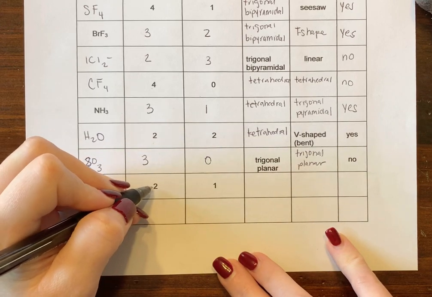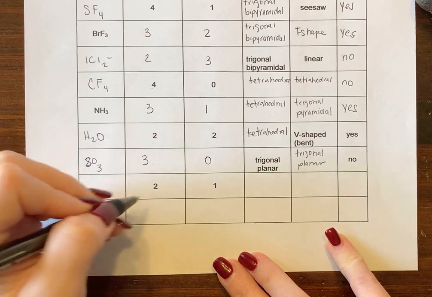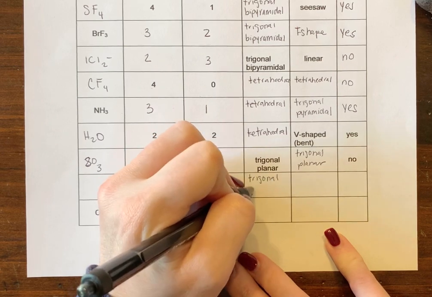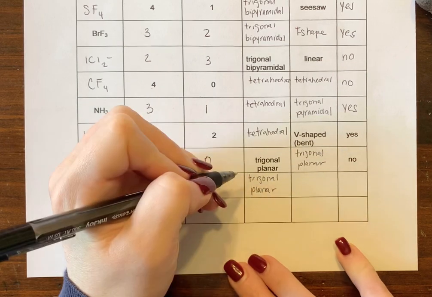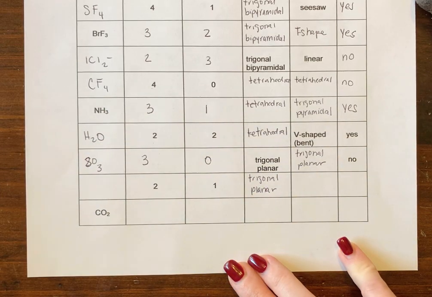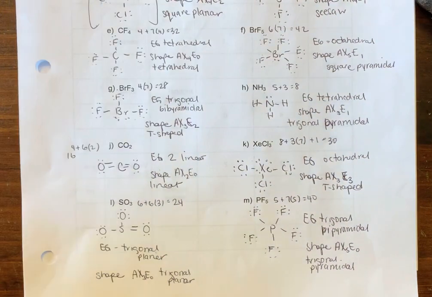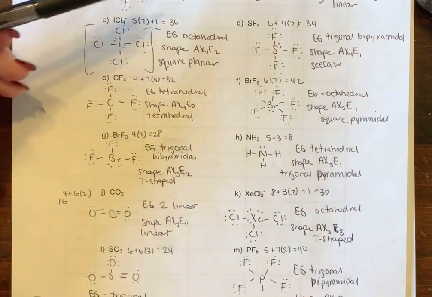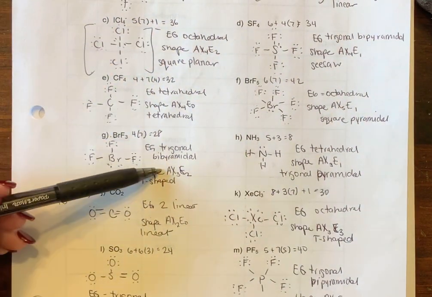Next one, 2 bonds, 1 lone pair. So that's a total of 3 groups, so that's also trigonal planar. All right, let's find this one. So here, we're looking for AX2E1.